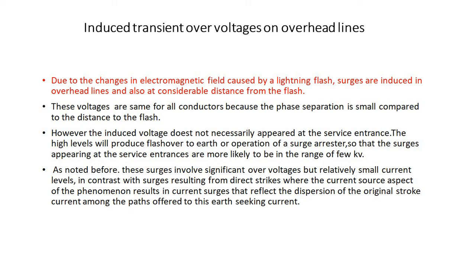The next one, induced transient overvoltages on overhead line. Due to changes in electromagnetic field caused by the lightning flash, surges are induced in overhead lines even at considerable distance from the flash. These voltages are the same for all conductors because the phase separation is small compared to the distance to the flash.